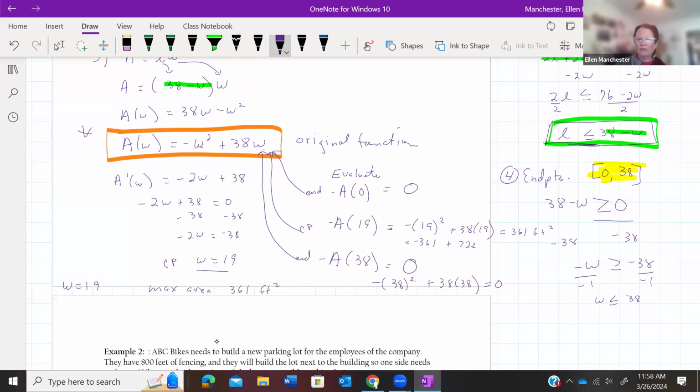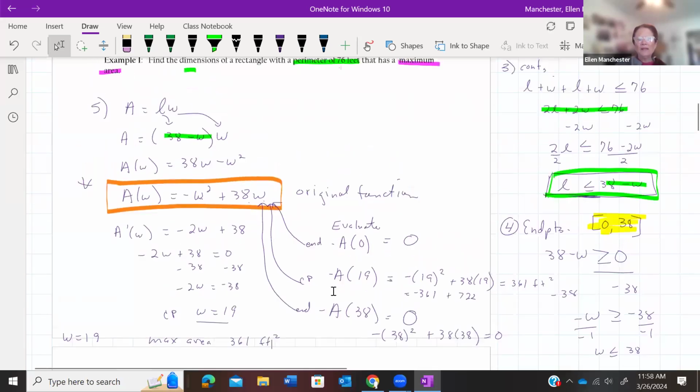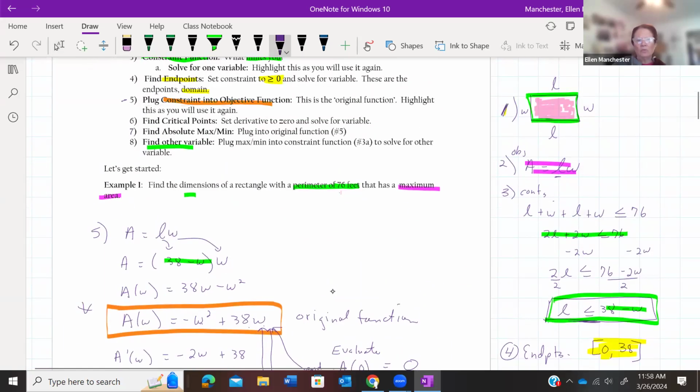Feet squared, you're always going to square whatever unit of measure it is, because it's 2-dimensional. That's what area is. We need to find out what the other variable is, because we want dimensions, which means I want length and width.